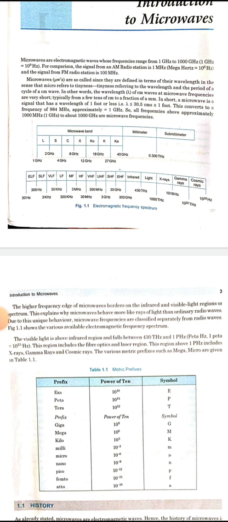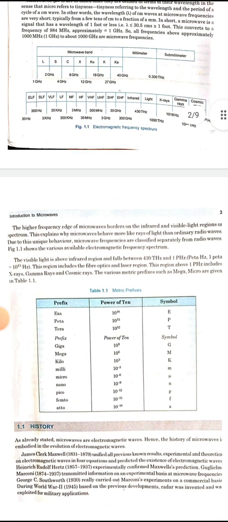We also went through the microwave bands and their division into L, S, C, X, Ku, K, and Ka. We also discussed the different metric prefixes: exa, peta, tera, giga, mega, kilo, milli, micro, nano, pico, femto, and atto. This is all about today's lecture.